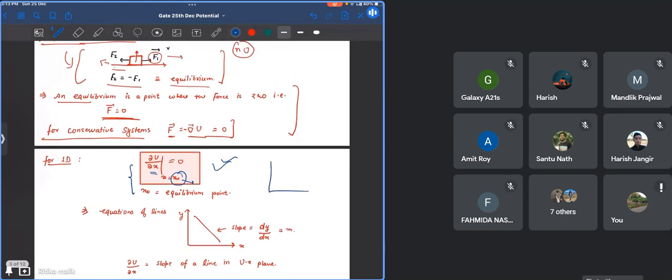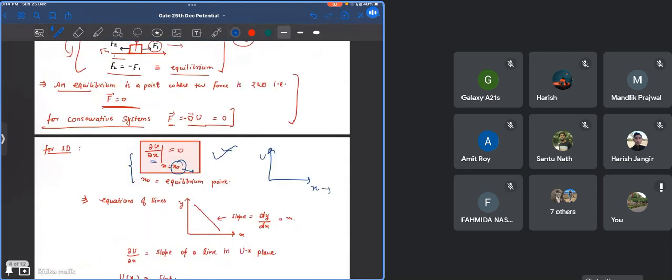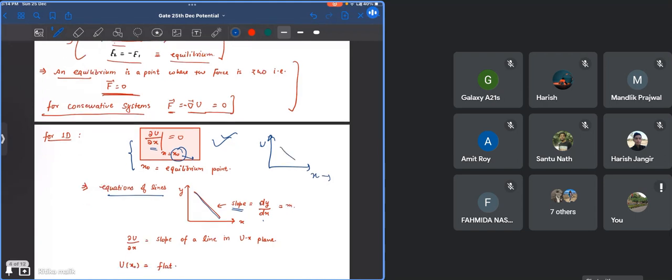And since we have plotted u versus x initially, this is u versus x. So you already know that if you have the equation of a line, something like this, then your slope is given by del u by del x, and therefore in that case del u by del x will represent the slope of this line, and we want our slope to be zero at the position of equilibrium.